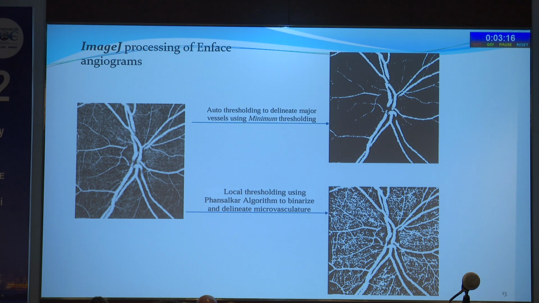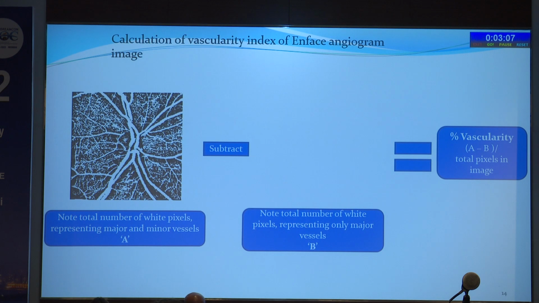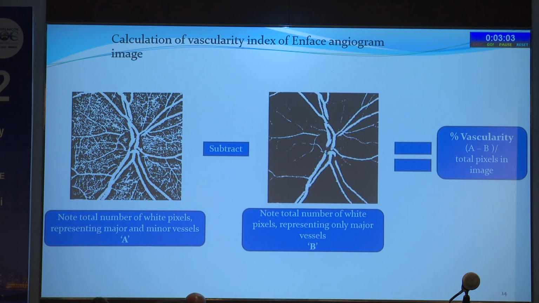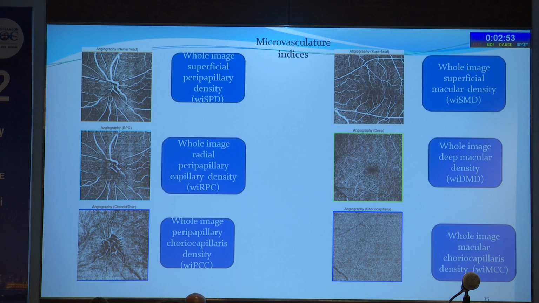Then we measured the number of pixels in the histogram for each of them separately. To delineate the microvasculature, we first took the total pixels, subtracted the major vessels from the total, and got the microvascular pixels. Then we divided it by the total pixels in the image to get the vascularity index. This was done at each level for each image at both disc and macula.